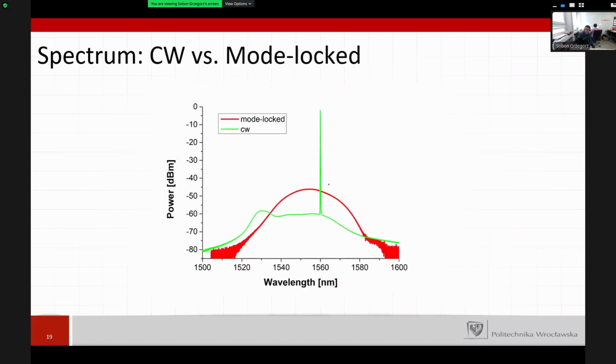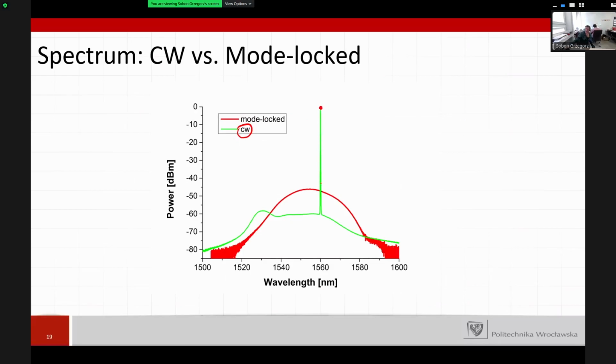So this is the difference between the optical spectrum of a single mode laser and a single frequency laser, which is operating in the continuous wave regime. So this is just a continuously working laser.